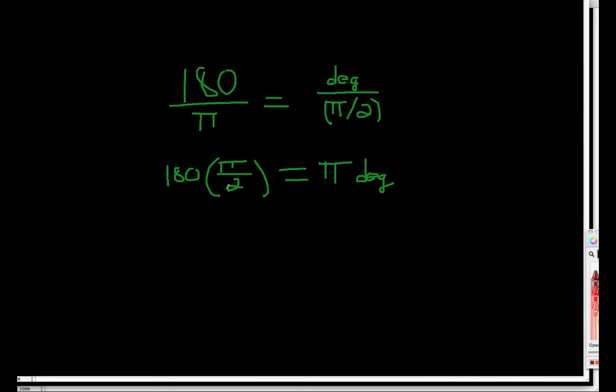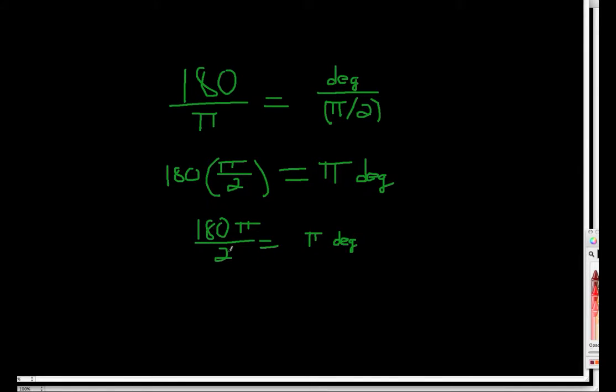Now with this equation I want to simplify it, so I divide both sides by pi. Let me rewrite this expression a little bit. This looks like 180 times pi divided by 2, and this is equal to pi times the angle in degrees, whatever degrees happens to be.